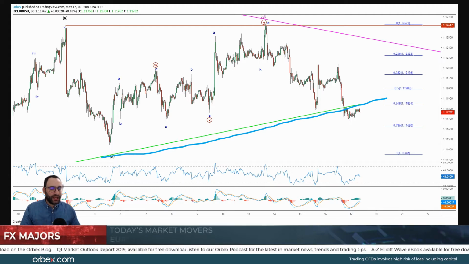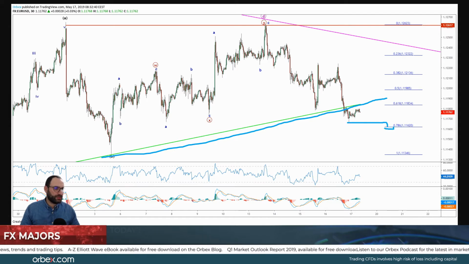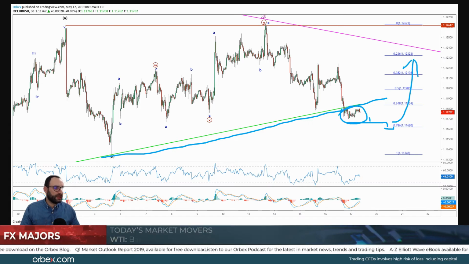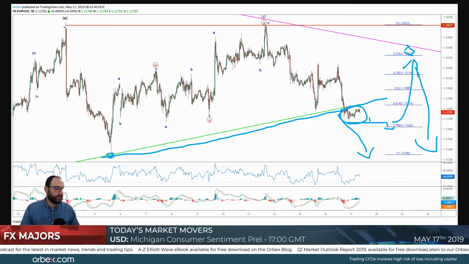We have broken below this trend line, and potentially what this can mean is that we've seen a retest over here, or prices can move a little bit lower. This would be considered a throwback, and then prices will move a little bit higher and then end down. It could come up here, I wouldn't be surprised, or we are going to move down here for a double bottom.